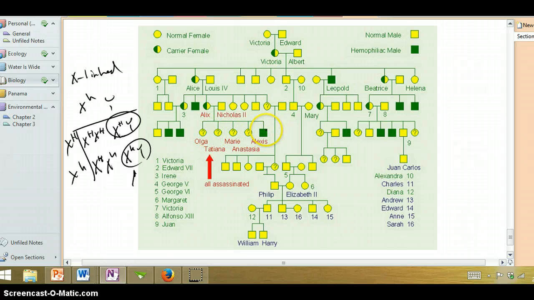They had a son, Alexis, who had hemophilia. There were also four daughters. Notice there's all question marks by them because we don't know whether they were carriers or not because they were all assassinated during the Russian Revolution. All the kids and mom and dad.